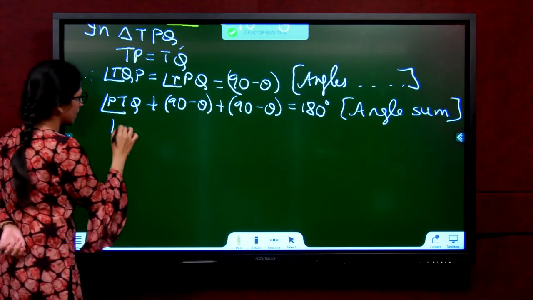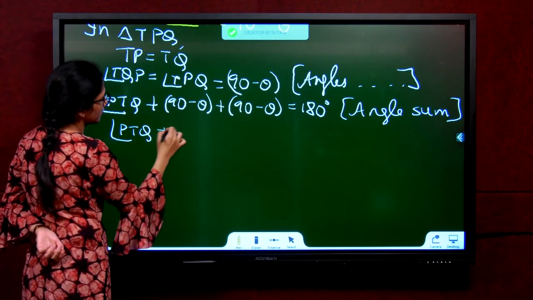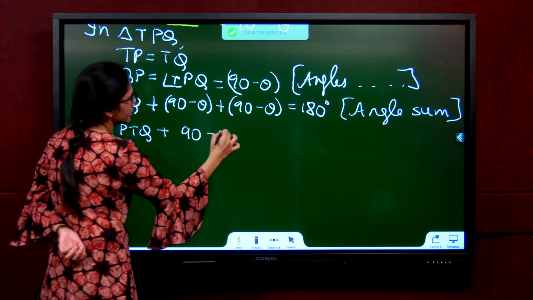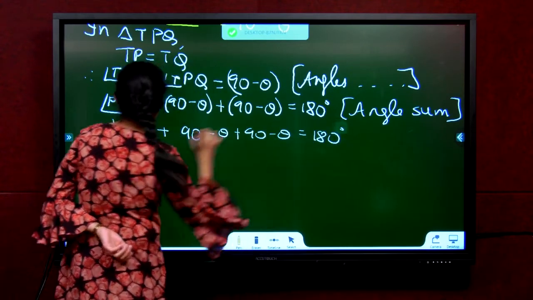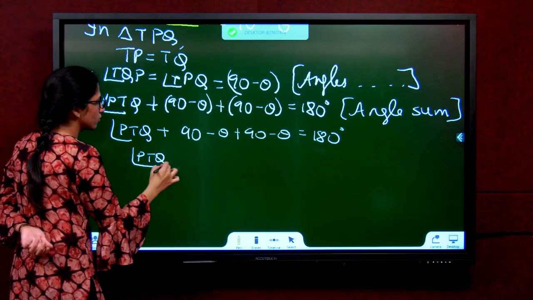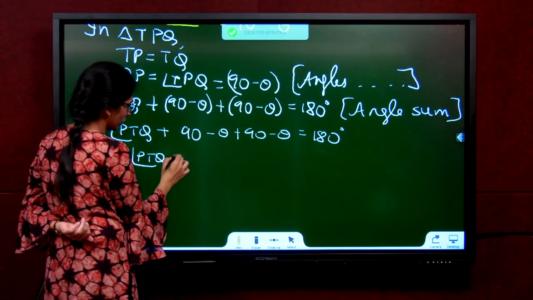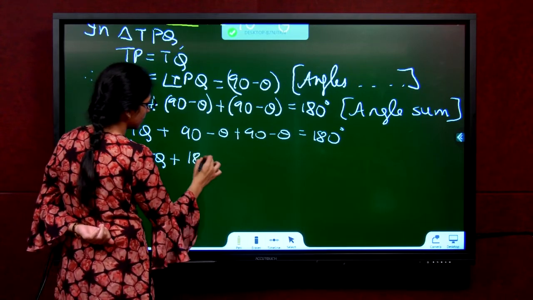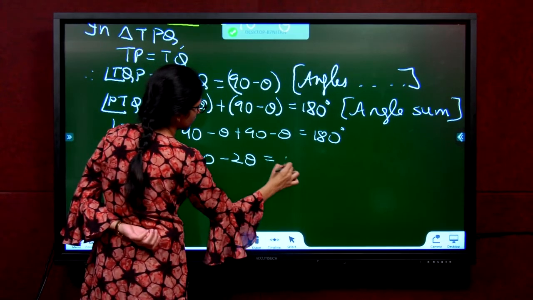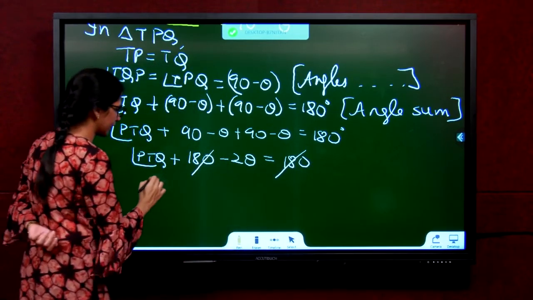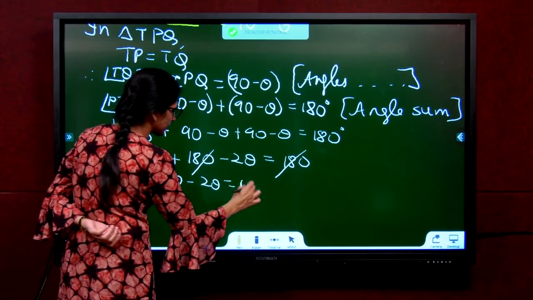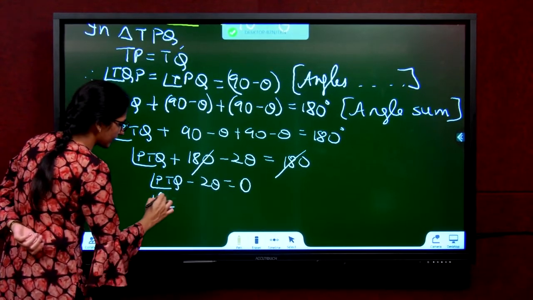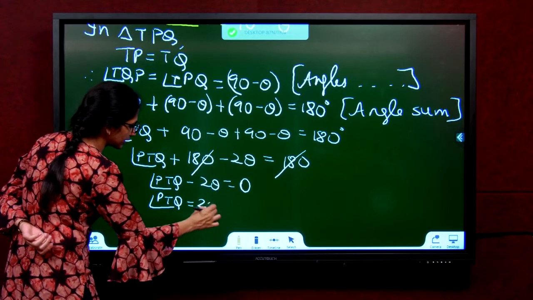Solve it. Angle PTQ plus 180 minus 2 theta is equal to 180. 180 cancels. Angle PTQ minus 2 theta is equal to 0. Send 2 theta that side. Angle PTQ is equal to 2 theta.